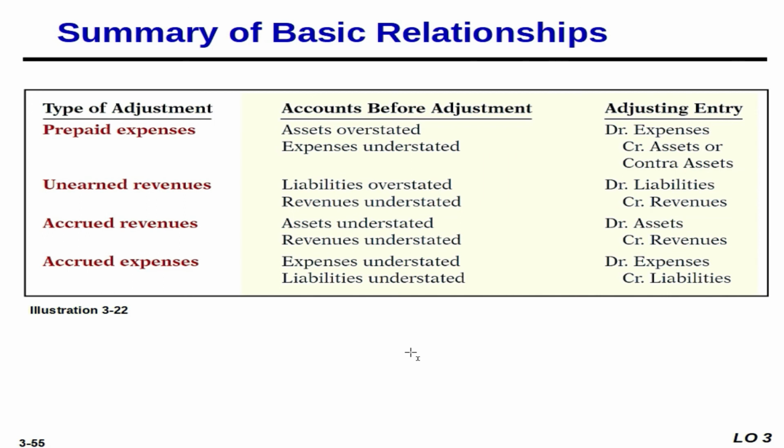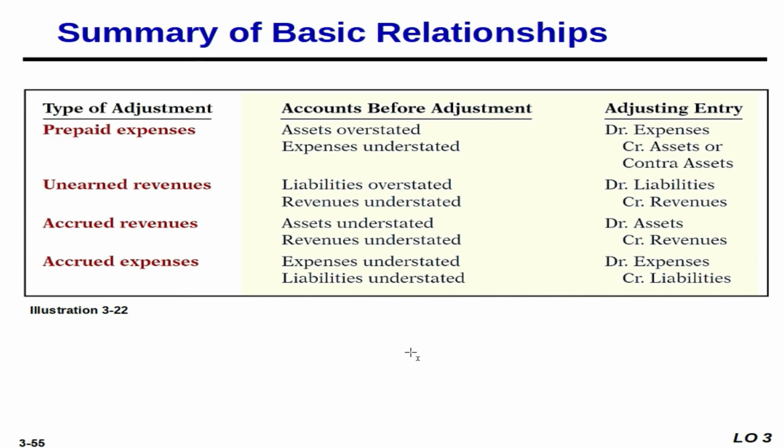Accounts before the adjustment for prepaid expenses. What are some prepaid expenses? Prepaid rent, supplies, whatever, okay? So for supplies, as we took a look, the adjusting entry transferred it from the supplies account to supplies expense. If we don't do that adjusting entry, the asset supplies will be overstated and the expenses will be understated.